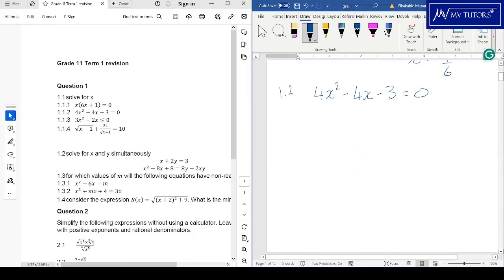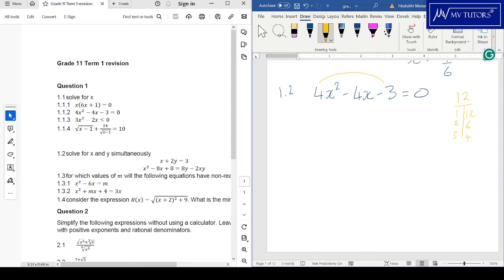For this kind of question, I've got a number here, so I'm going to multiply this with that: 4 times 3. 4 times 3 is 12, and then I'm going to look for factors of 12 that will give me 4. So the first one is 1 and 12, of course. 2 and 6, 3 and 4. Okay, let's just stop right there.